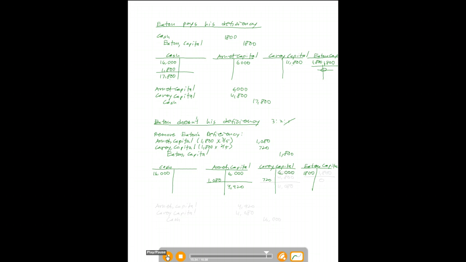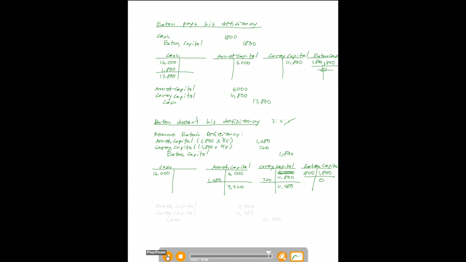Debit it for the 720. So the balance there is, actually it wasn't 6,000, it was 11,800. Minus 720 gives us an ending balance of 11,080 credit. And then Eaton's Capital is reduced to zero.